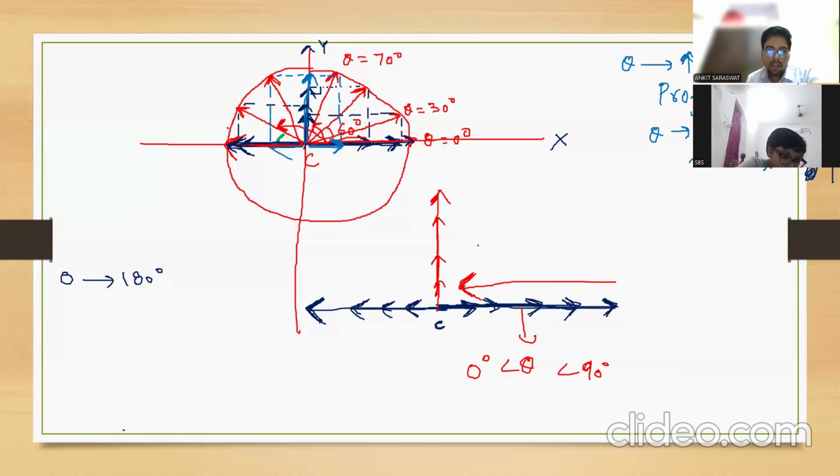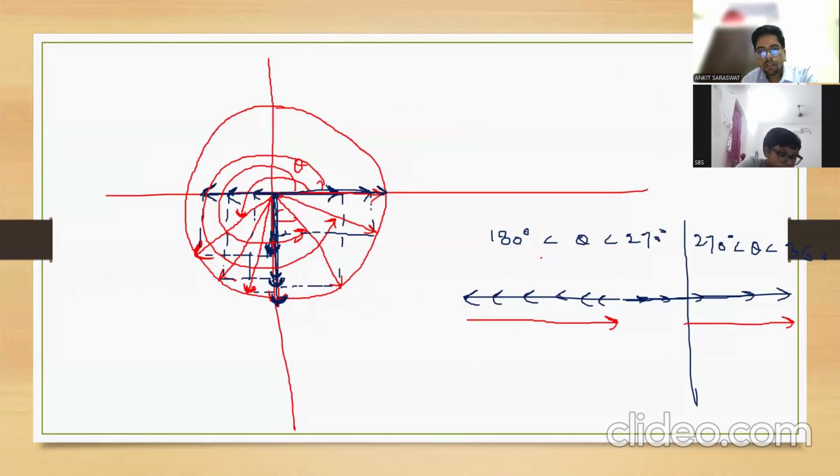Clear? Yes, sir. Now here, if it is more than 90, what is the angle? Greater than 90 and less than 180 degrees. I have taken here less than 90; you can write less than 180. In the next case, I have started from 180, and the 270 case I have taken now.